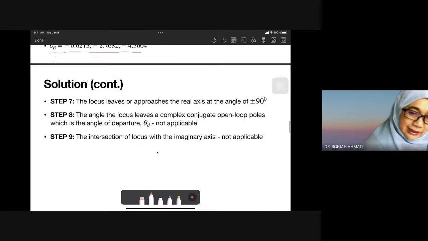So make sure that when they leave or approach, it is at a straight line on the real axis. And then the angle at which the locus leaves a complex conjugate pole: since we don't have complex conjugate open-loop poles, it is not applicable. And then the intersection of the locus with the imaginary axis: we don't have an intersection at the imaginary axis. Therefore, step number 9 is also not applicable.